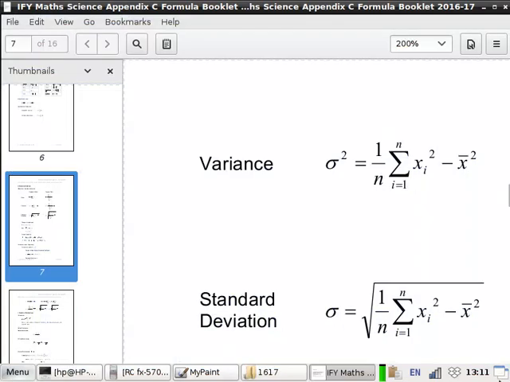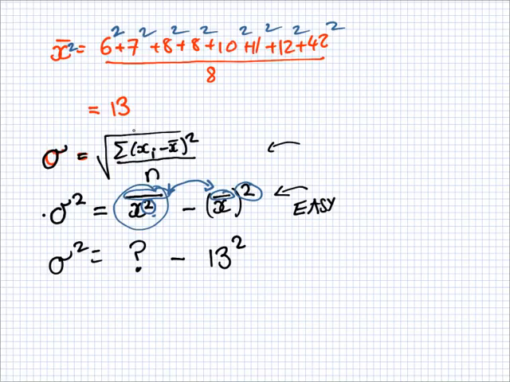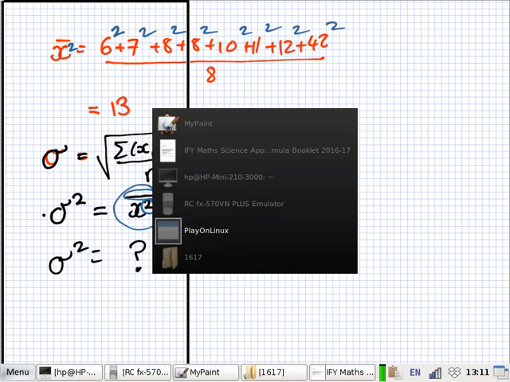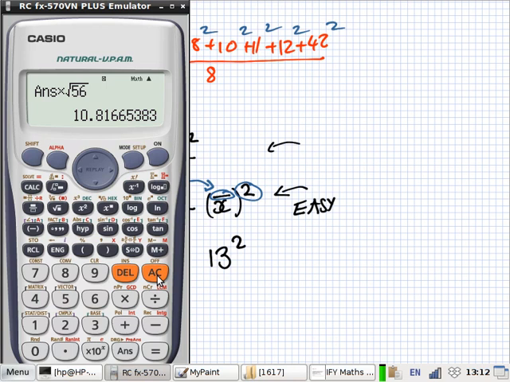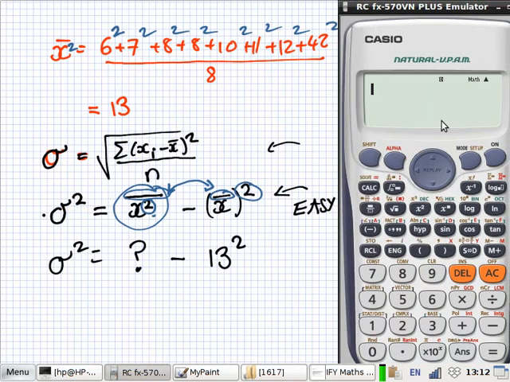I think I have my calculator, so let me type that in. Here we go. Whoa, okay. Right. Over 8. Okay. 6 squared plus 7 squared plus 8 squared plus 8 squared plus 10 squared plus 11 squared plus 12 squared plus whatever 42 squared is. 1171 over 4, 292.75.